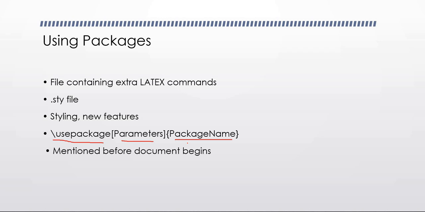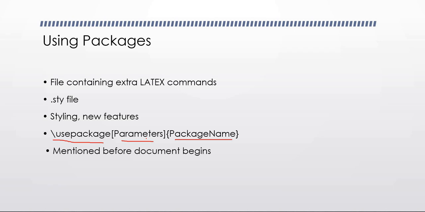The package name is like geometry, used for paper size and for margins, or graphics for images. And parameters are something like if you want to change the value. There are some default values for each and every package.